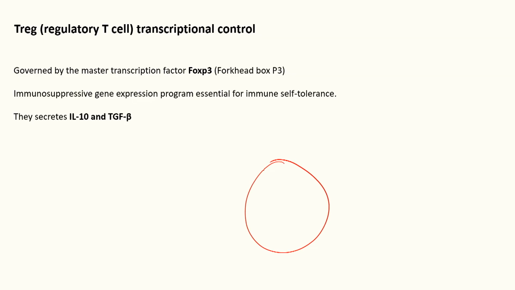We will see how this cell type functions, but let's focus here that these are very specific cell types. These are actually T cells, but they express a very specific protein called FOXP3, and they can secrete different cytokines, particularly IL-10 and TGF-beta. So TGF-beta and IL-10 are very specific cytokines secreted by this T regulatory cell.